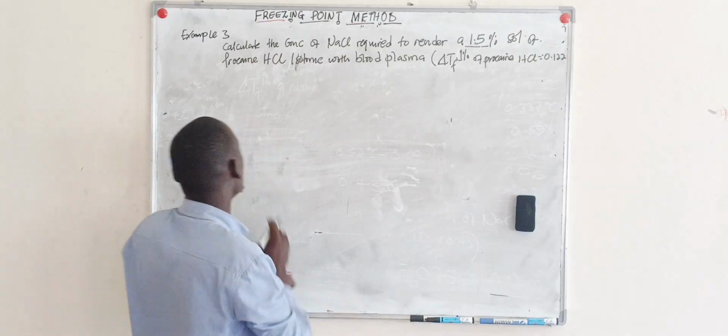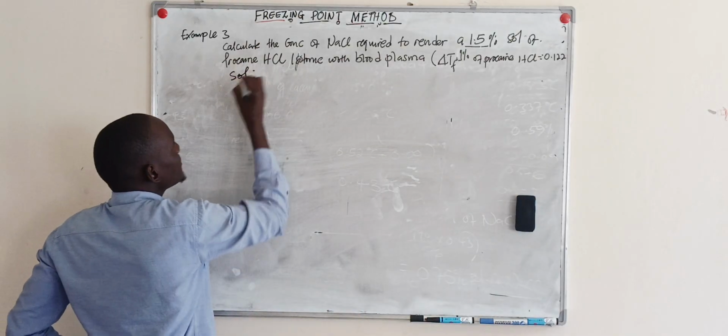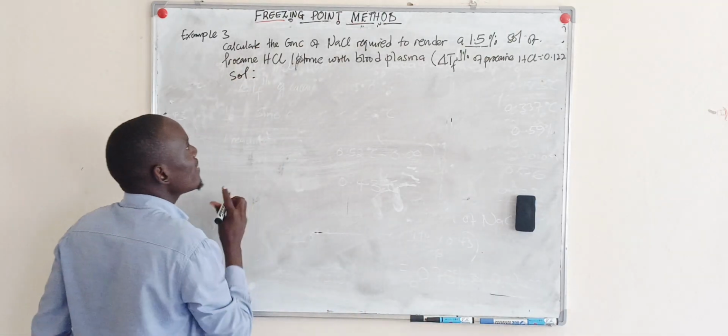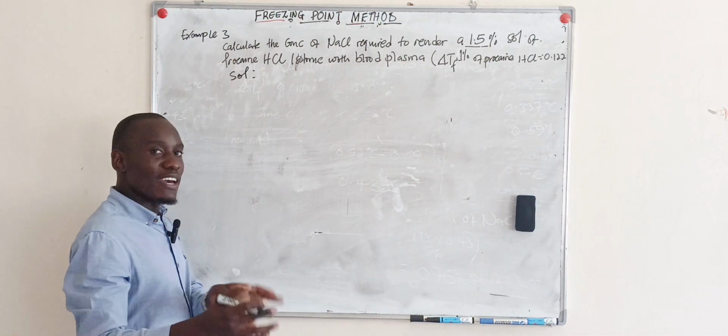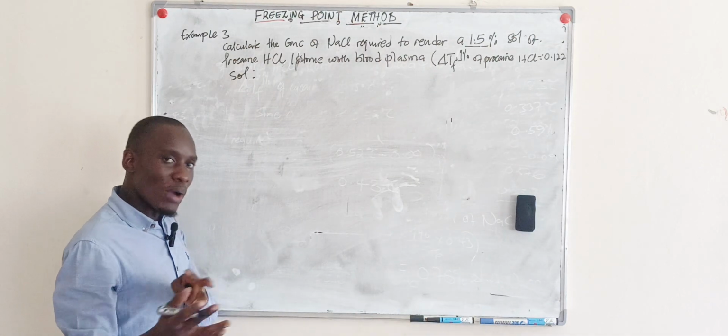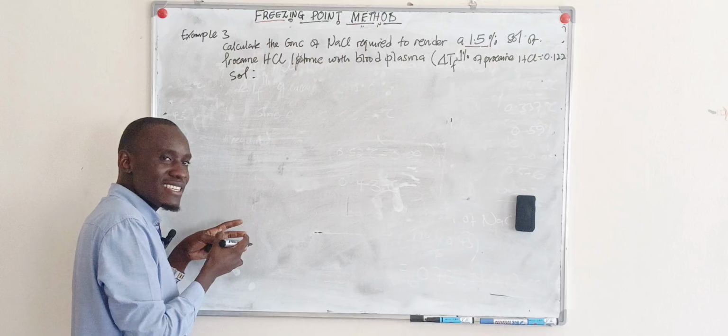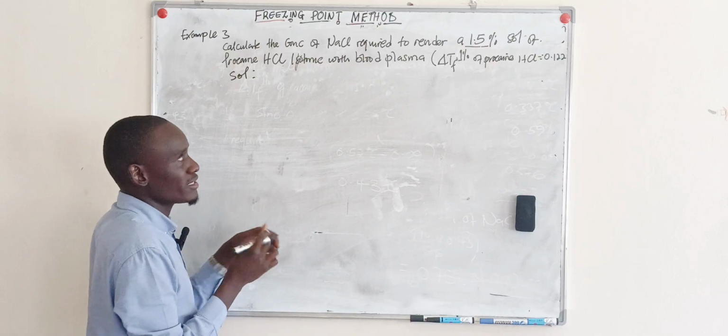So from first principle, we are going to say that what we are looking for is the freezing point depression. What we know is the percentage strength of the solutions.